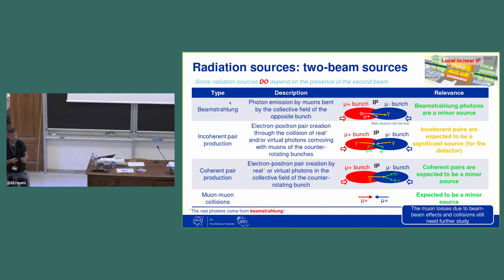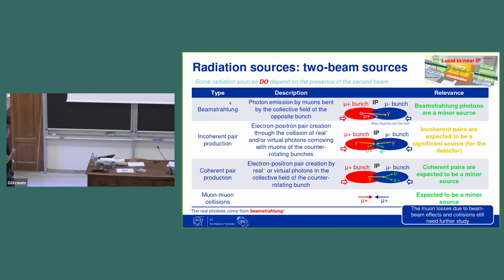And these photons can be real or virtual photons. The real photons are actually the ones produced in Beamstrahlung. Incoherent pairs are expected to be a significant source, not as much as muon decay, but significant, but only for the detector, not so much for the machine. Radiation of the machine is not so much influenced by this.